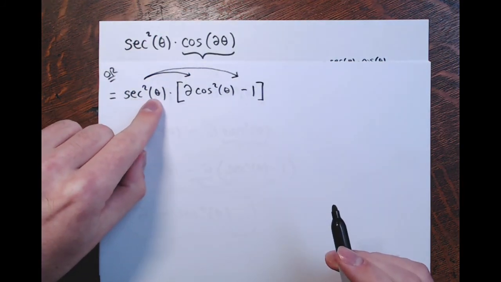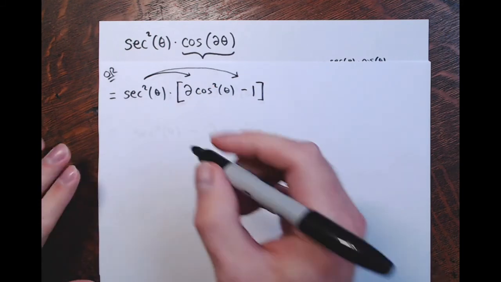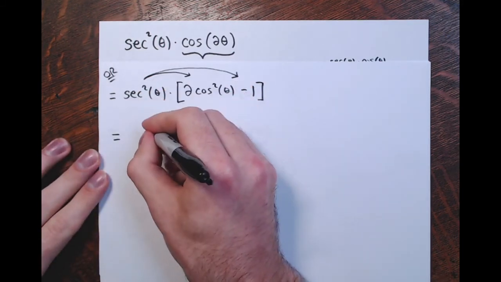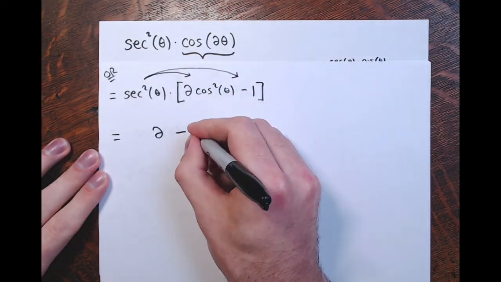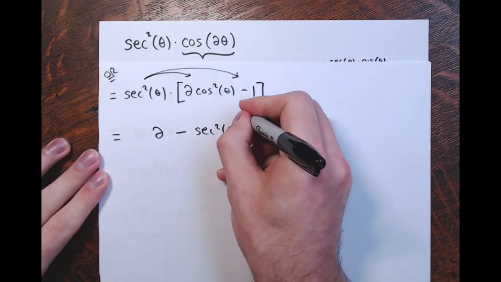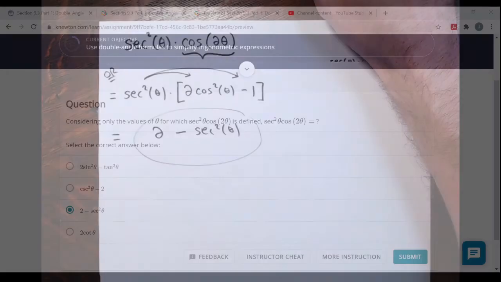Secant squared theta times cosine squared theta would be 1, because they're reciprocals. So this is just 2 in the first term, minus, and then secant squared theta times 1 is secant squared theta, and look, that's exactly what I got in the previous 2 options. So all 3 versions can lead me to the same result, that 2 minus secant squared theta.